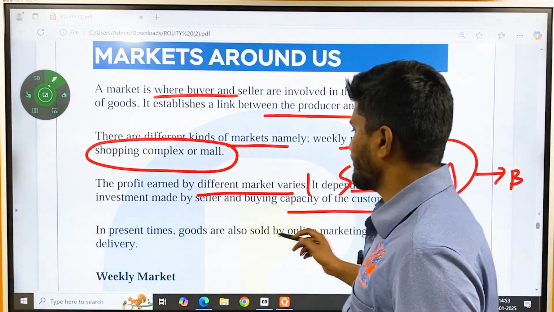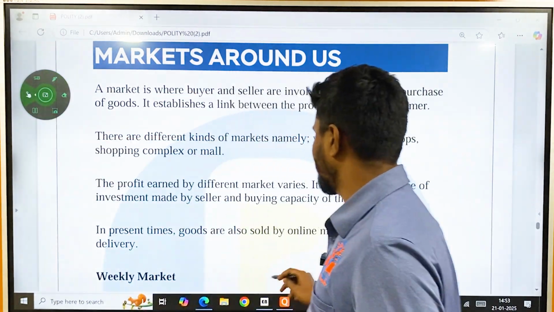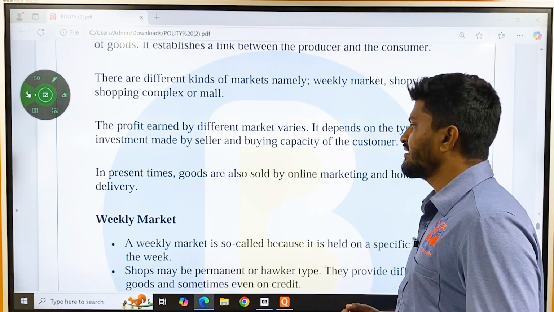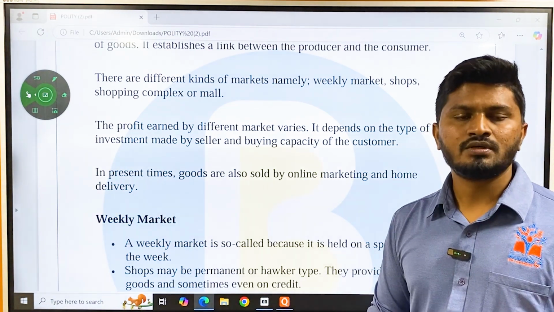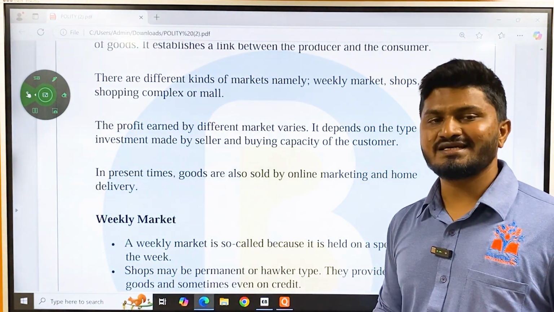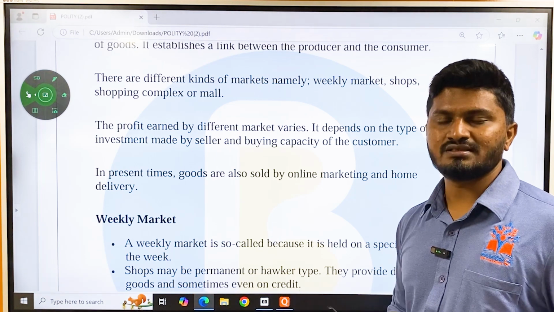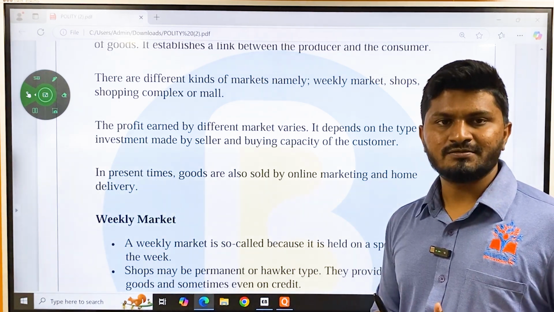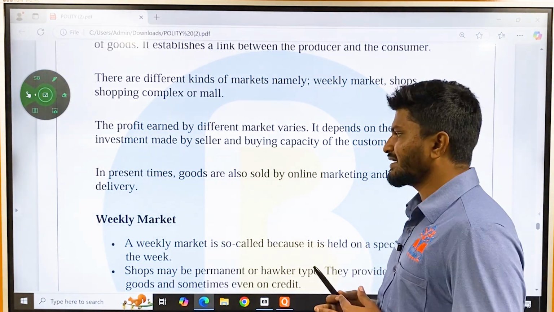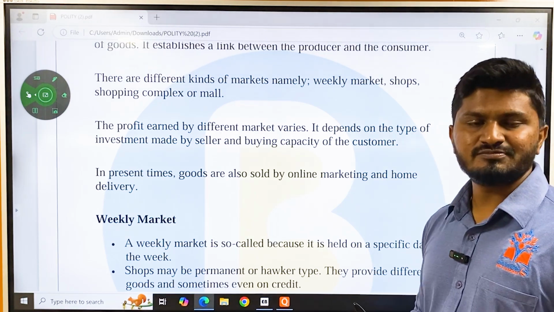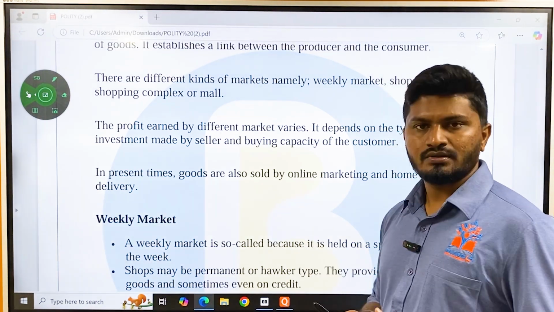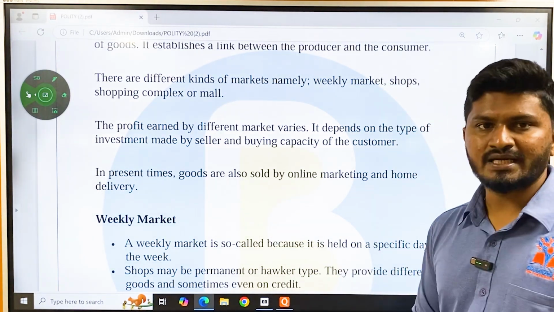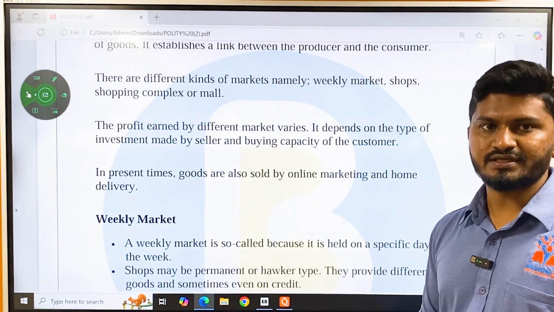In present times, goods are also sold by online marketing and home delivery. Initially a physical entity was required for selling goods and services, and that was called a market. Now the physical market is being replaced by a digital one through online markets and home deliveries.